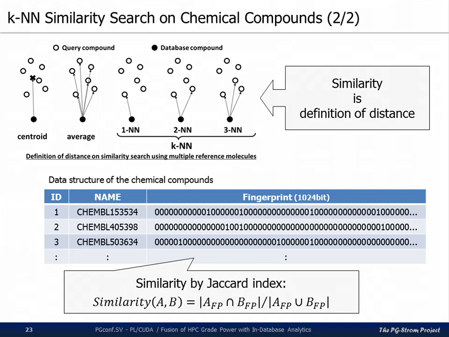A fingerprint is a set of characteristics of chemical compounds, like it has a positive ion, it has benzene, and so on. I'm not sure about the details. These are provided by a biological researcher. Anyway, all we have to do is calculate the ratio of bitmap counts.